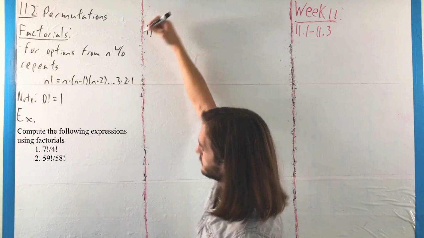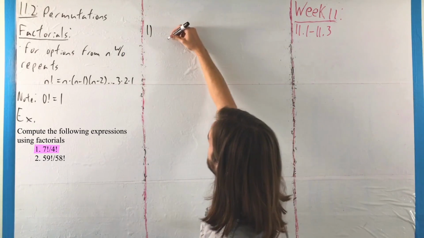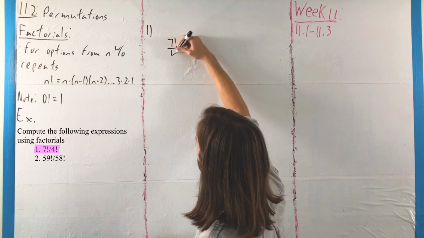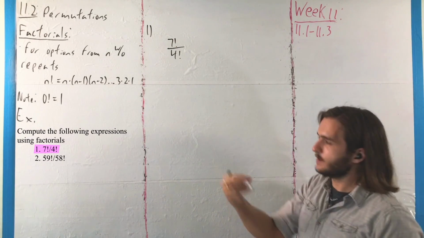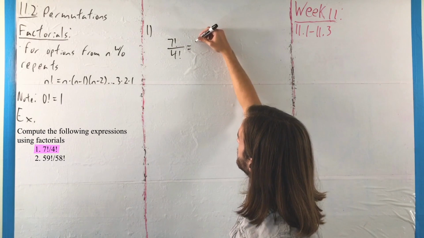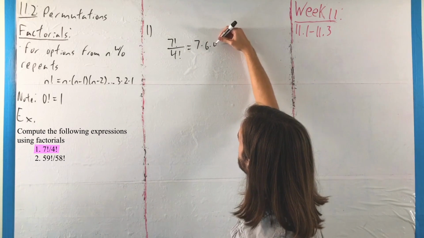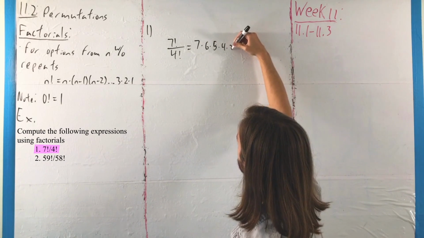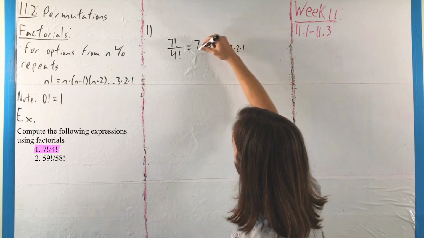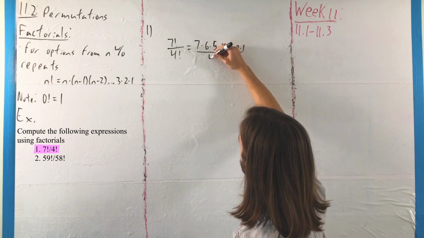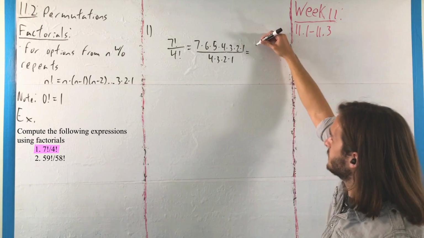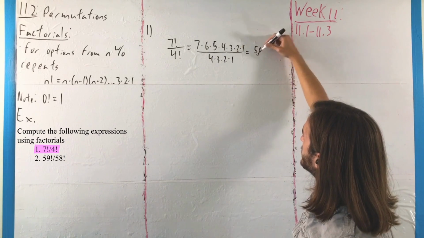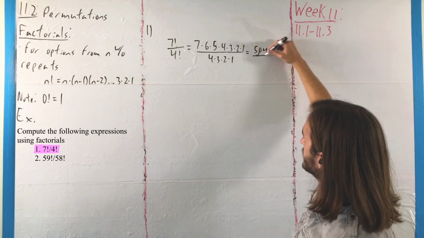In our first case, we're looking at that 7 factorial over 4 factorial. What happens here can be written out the long way as 7 times 6 times 5 times 4 times 3 times 2 times 1, all over 4 times 3 times 2 times 1, which would end up being 5040 over, what is that?